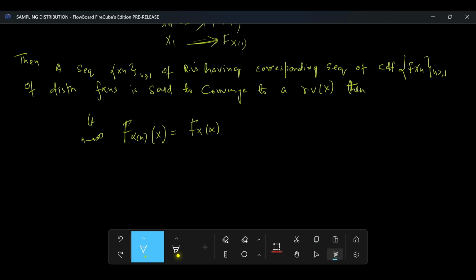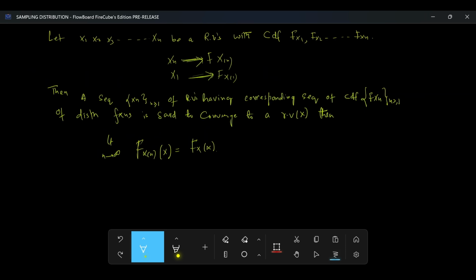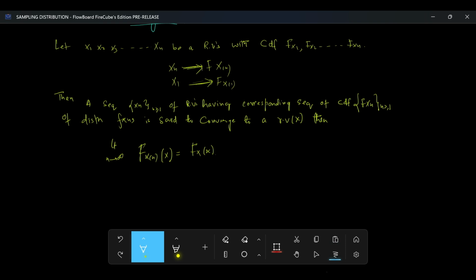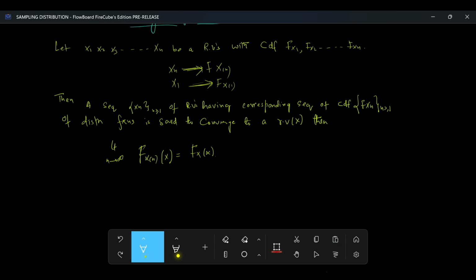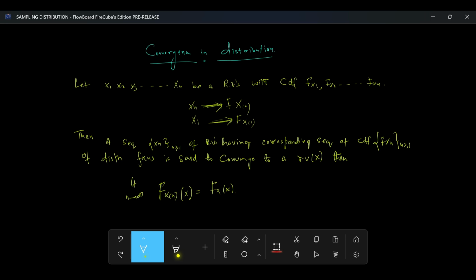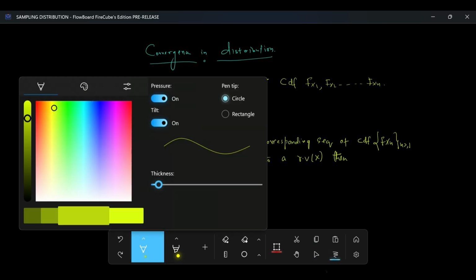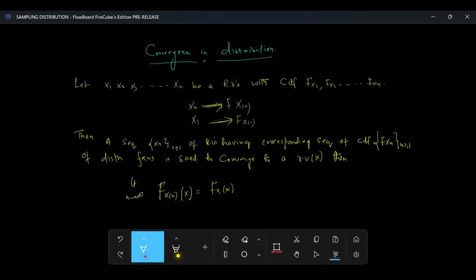So see, when we talk about the convergence in distribution, here we have random variables with a corresponding sequence of CDFs. Then when we say this will converge, this F of Xn will converge to F of X when we take the limit n tending to infinity.